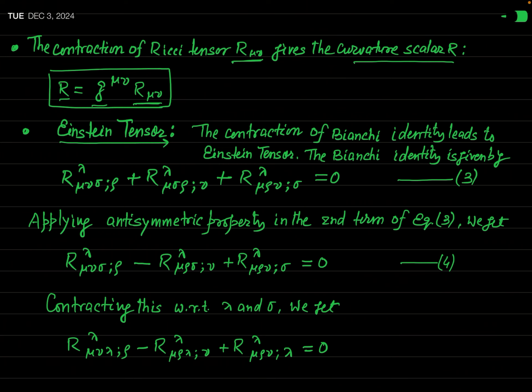But what will be contracted to obtain the Einstein tensor? Actually, it is found that when the Bianchi identity is contracted, we get a tensor which is called the Einstein tensor.